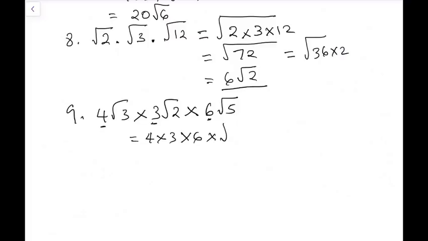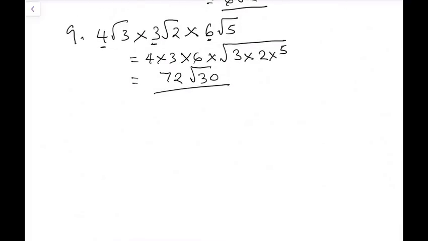Then all the remaining surd values can be multiplied in the same way: 3 times 2 times 5. So 4 times 3 is 12, and 12 times 6 will give us 72. And 3 times 2 is 6, and 6 times 5 is 30. So that is the value for that.